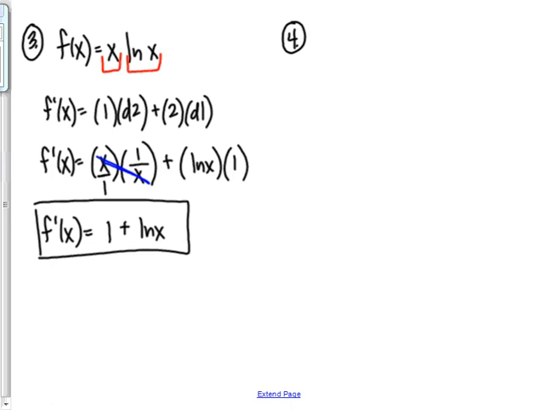Number 4. All right, let's do another one. f of x equals 3x squared times the natural log of 4x. Again, separate them out. This is my 1, and this is my 2.